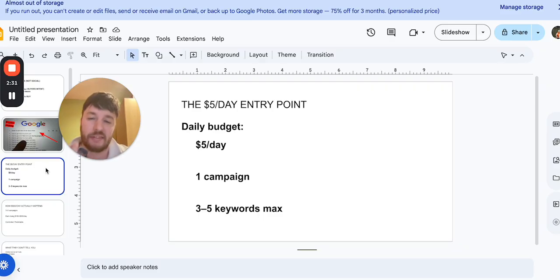Okay, so you can start with $5 a day with one campaign and have at most 3 to 5 keywords. Now the beauty of this is that once this $5 a day ad was running for 2 or 3 days, you have enough data to be able to increase or scale the ads, meaning you'll be able to do something like this.